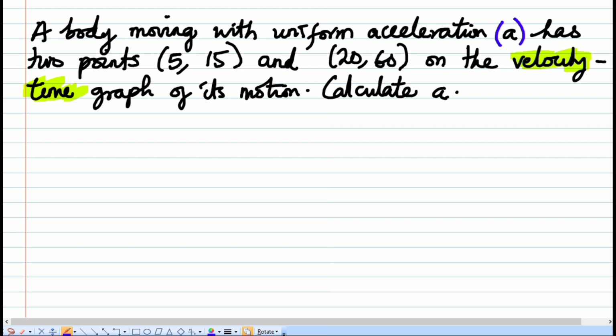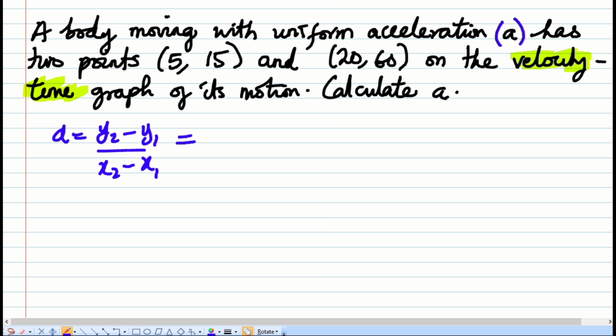I wouldn't say much since I've already done a video on this, but you know that anytime we have a velocity time graph, the acceleration is the gradient or the slope of the graph. Slope is simply y2 minus y1 all over x2 minus x1, which is the acceleration.